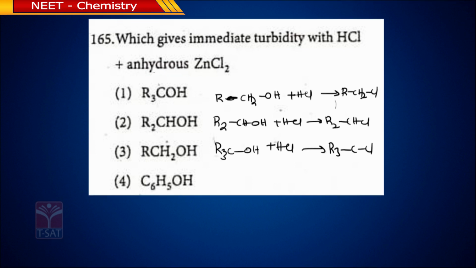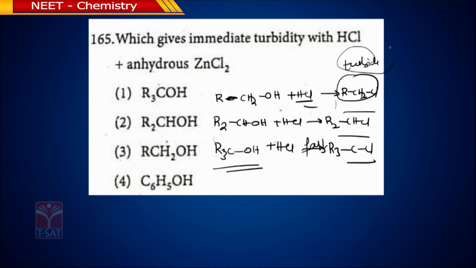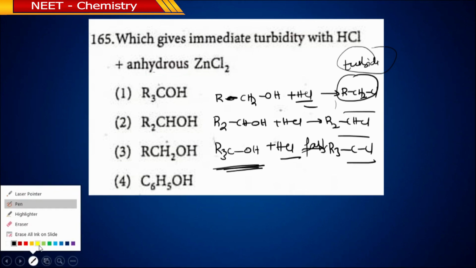In all these reactions it forms an alkyl halide. This is nothing but a turbidity, but the reaction occurs very fast in the case of tertiary alcohol.